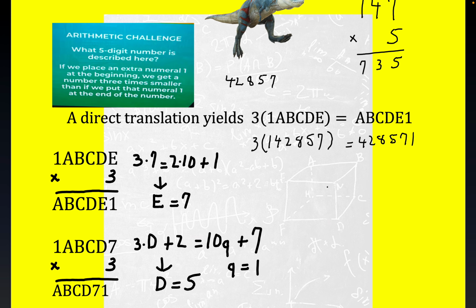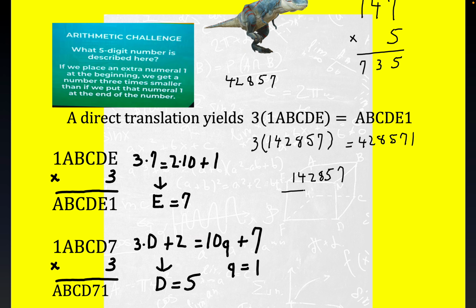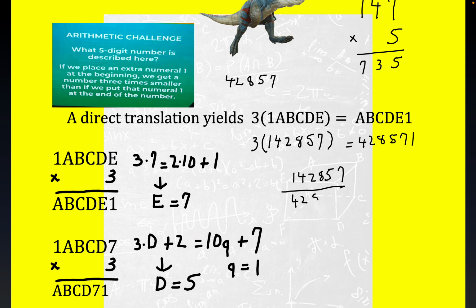Another way to write this that perhaps is kind of revealing, you could write it in quotient form, 142857 over 42857.